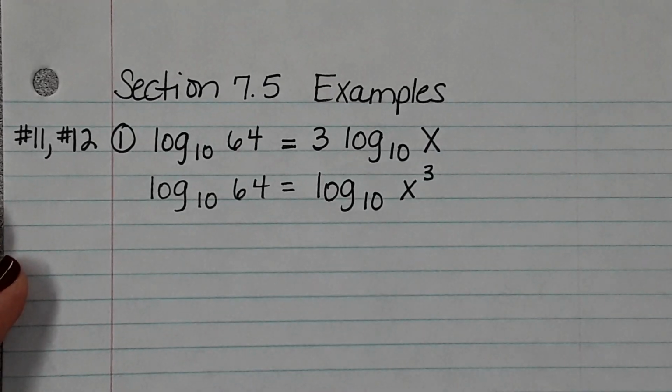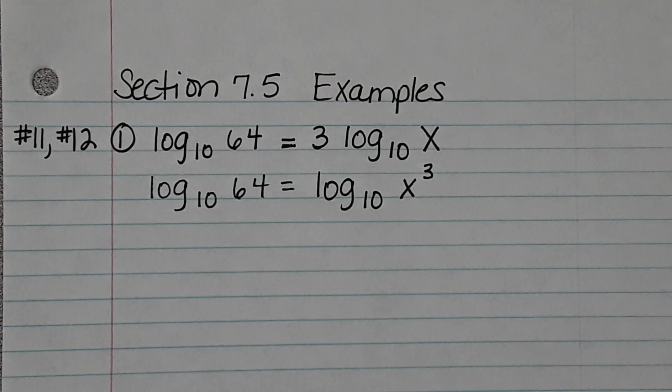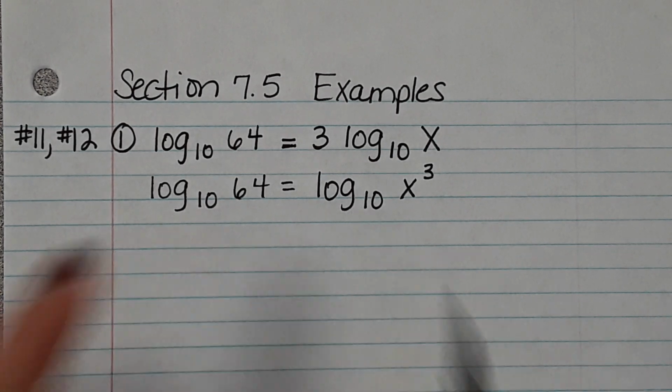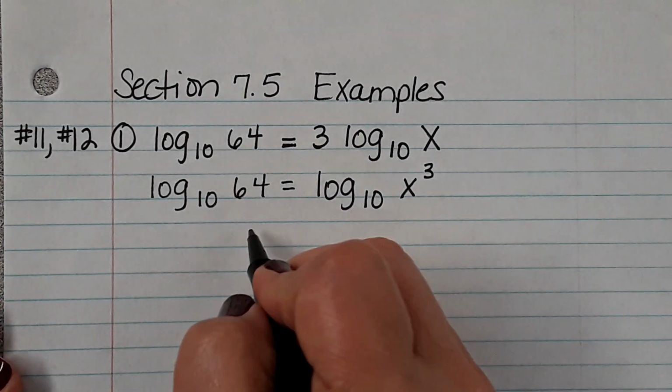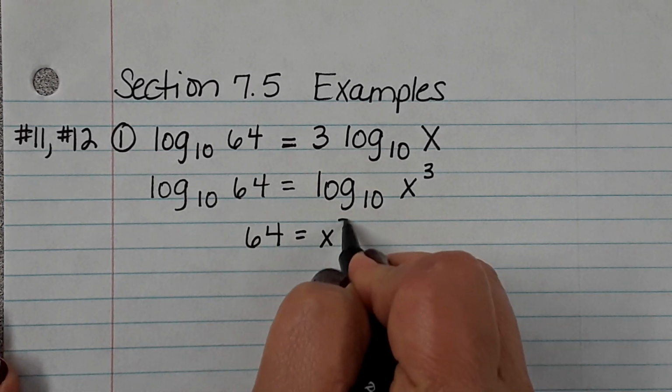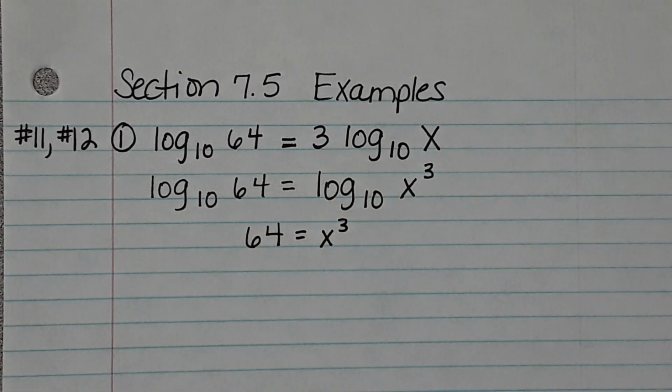So in the last section, we learned that if the bases were the same, we could drop them and solve the equation 64 equals x to the third. Tomorrow's lesson will actually show you how we divide and why that works.